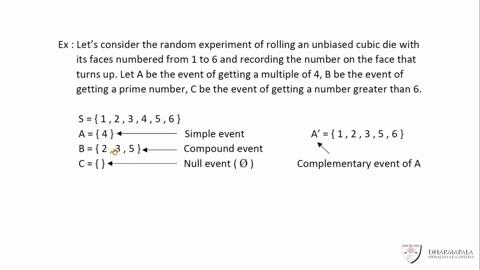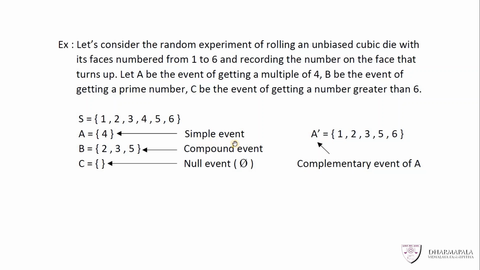So there are 3 events. In A there is only one outcome, so that is a simple event. In B there are 3 outcomes, that means more than one outcome, so it is a compound event. In C we don't have any outcomes, so that is a null event. We are using this symbol to represent a null event, or you can write it like this.